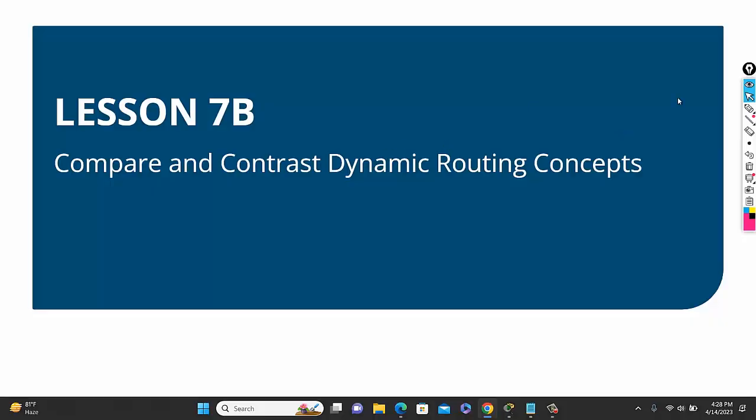In this session, we are going to discuss the dynamic routing concept. We have discussed static routing, where the administrator makes the entries by themselves.